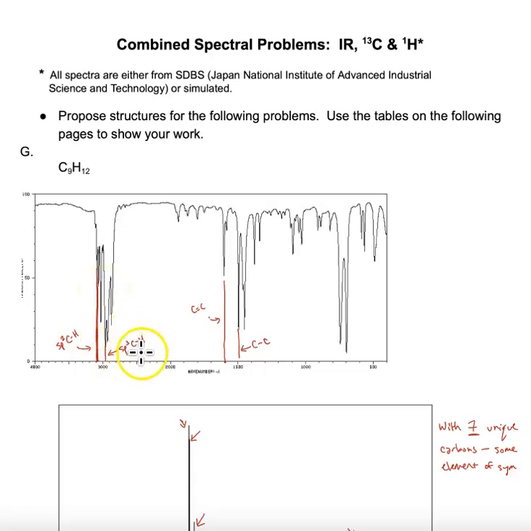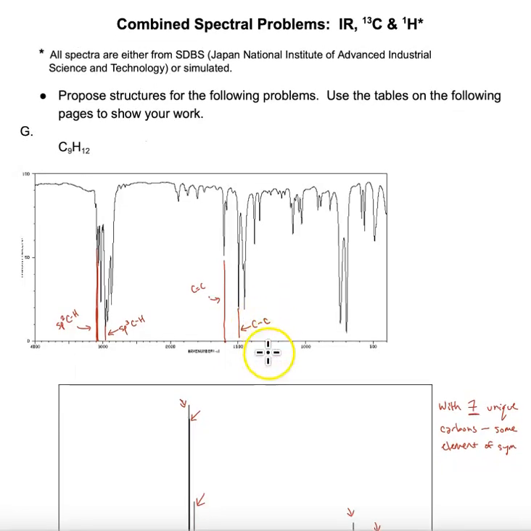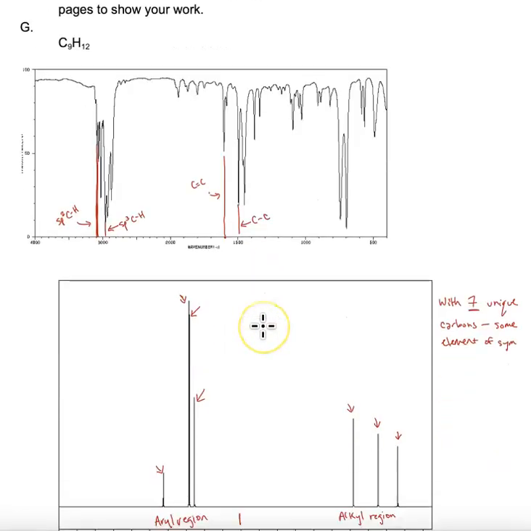We also have our classic sp3 carbon-hydrogen bond present right around 2900. Around 1600, I'm seeing a medium peak, which tells me a carbon-carbon double bond is possibly present. And around 1500, I see a carbon-carbon peak range, present here, a carbon-carbon bond.